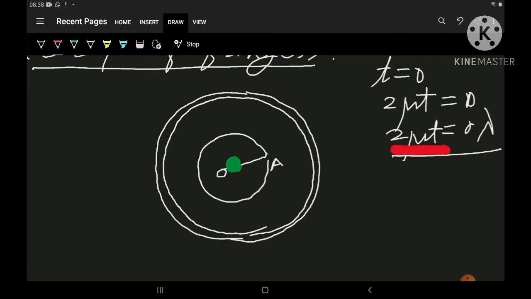Now on increasing the thickness, before reaching 1 lambda, the value of 2 mu t will be 1 upon 2 lambda. So before reaching 2 mu t equals 1 lambda, 2 mu t equals 1 upon 2 lambda, or we can say an odd multiple of lambda by 2, meaning this is the condition of bright fringe.